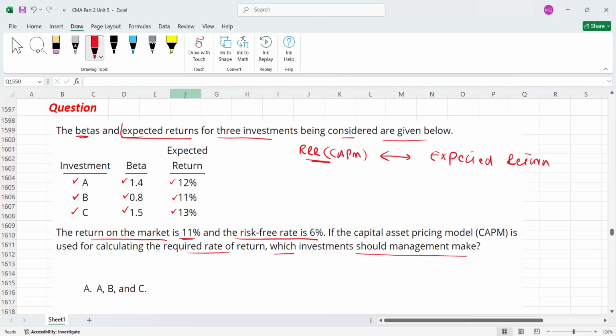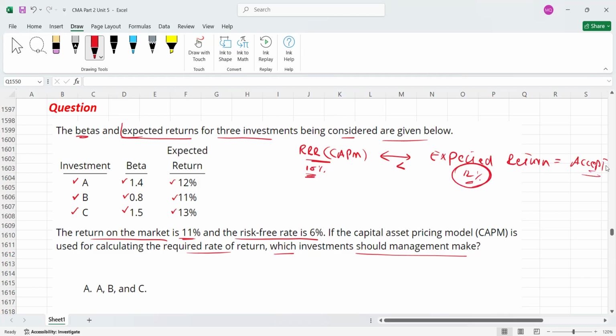If your required rate of return is less than the expected rate of return, in that stock you will invest. So that investment should be accepted. Reason: for example, required rate of return is 10%, like your demand is 10%, but you are expecting a return from the stock of 12%. It means your demand was only 10%, but expected return is 12%. It means you can generate more than your demand.